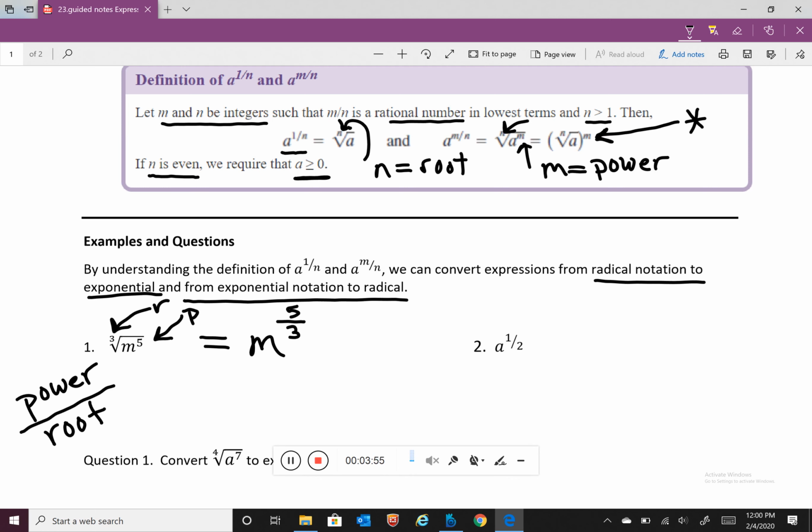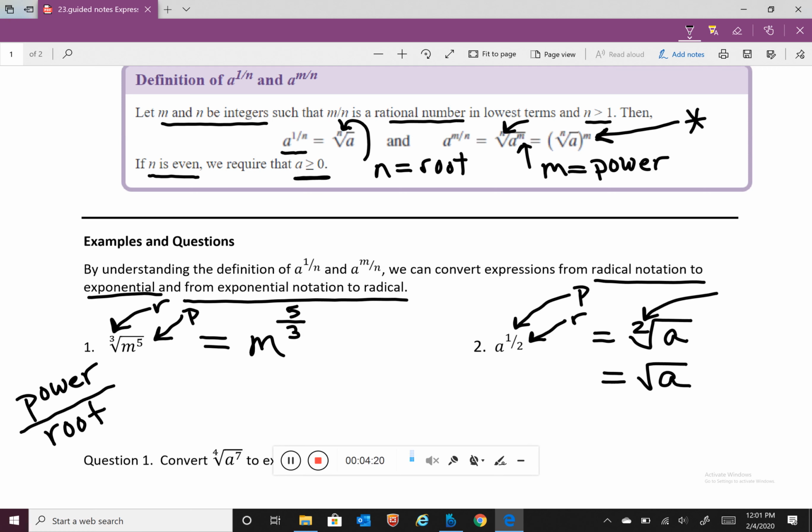Now for our next example, notice our power is 1 and our root is 2. And a root of 2 is not usually written this way, because the 2 is implied. And so we simply write the square root symbol.